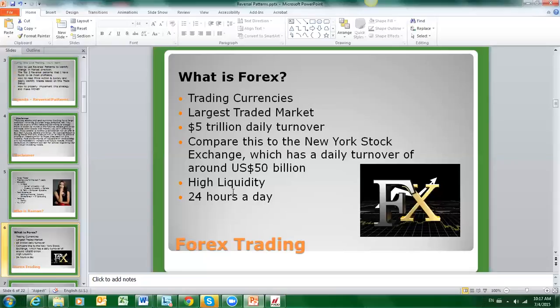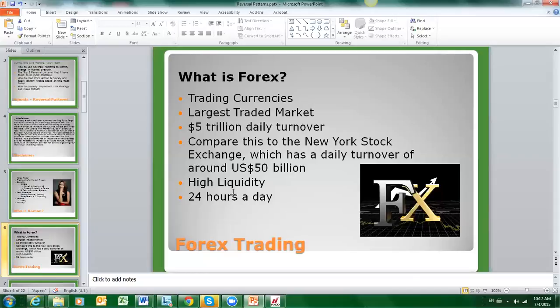There are millions of these transactions going on, and that's how you can get filled, because there's somebody on the other side of the market. Whereas in stocks, or equity, sometimes you have to wait for your order to get filled, because somebody has to be willing to buy or sell at that point.